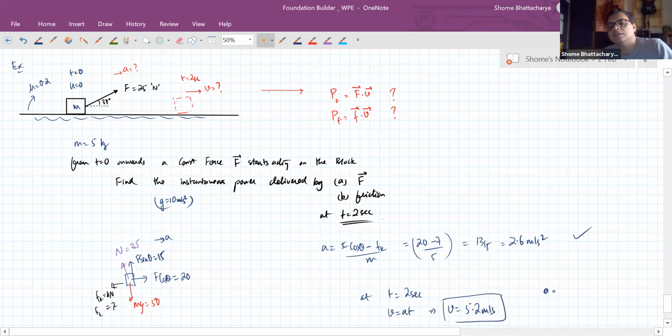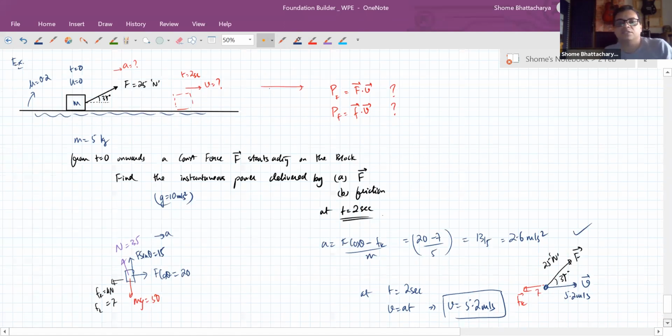So now once I know the value of v, its magnitude is 5.2 meters per second, I can see that my external force F is having a magnitude of 25 newtons and acting at an angle of 37 degrees, whereas my kinetic friction is acting in this direction opposite to the velocity, and its magnitude is 7 newtons.